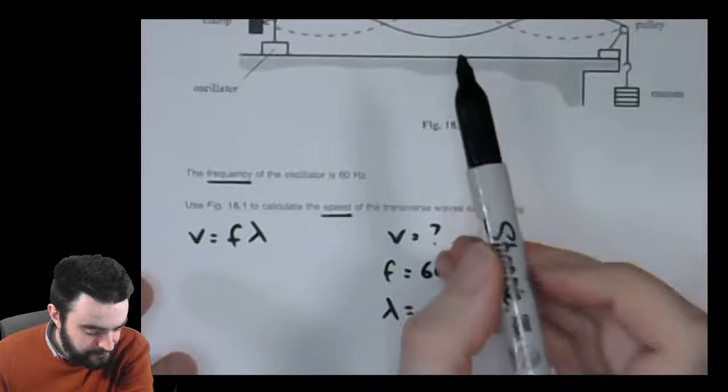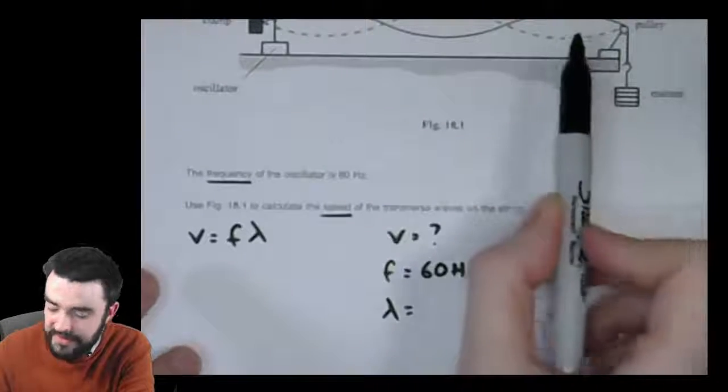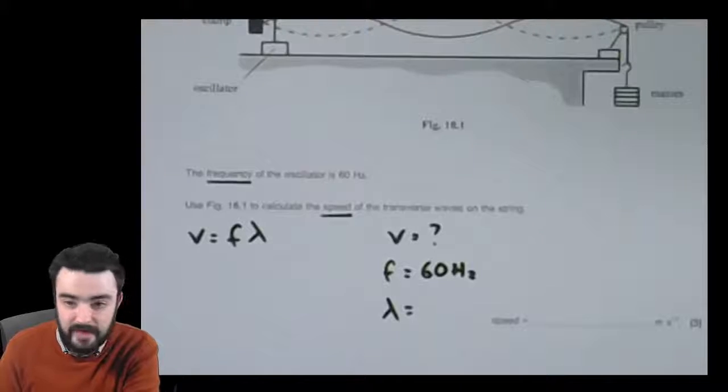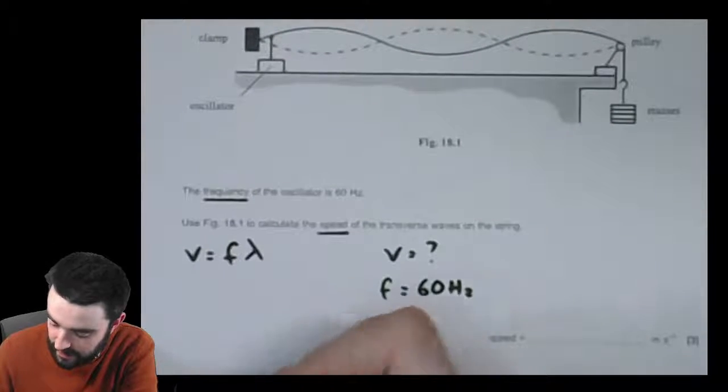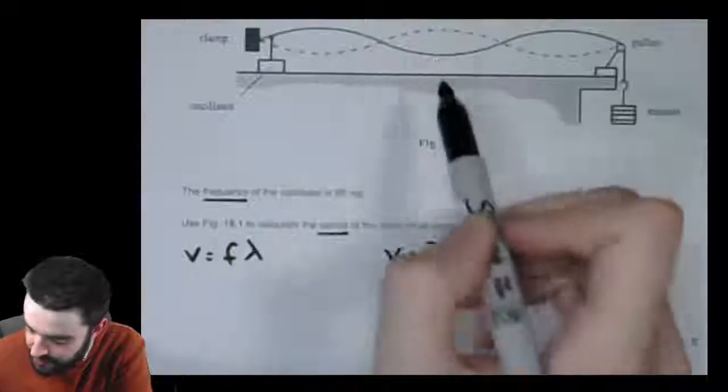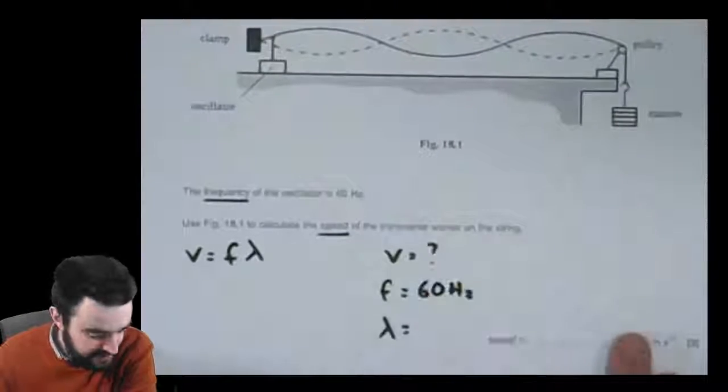So, what you can see here is 1.5 wavelengths. So we could try and measure it, or we can do this sort of mathematically.